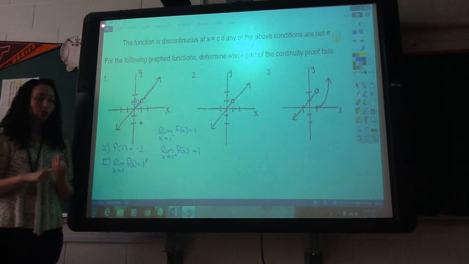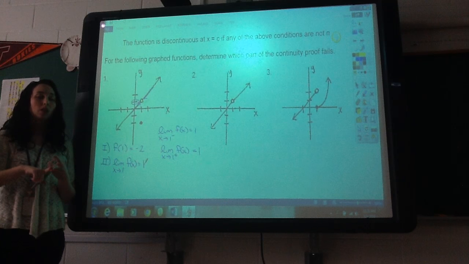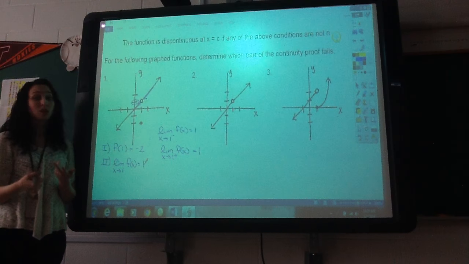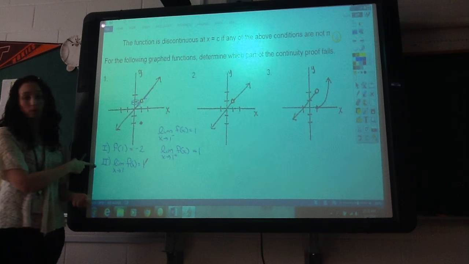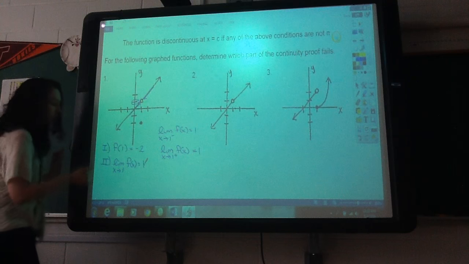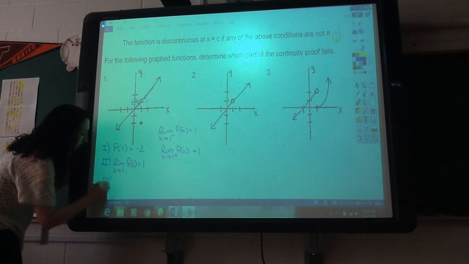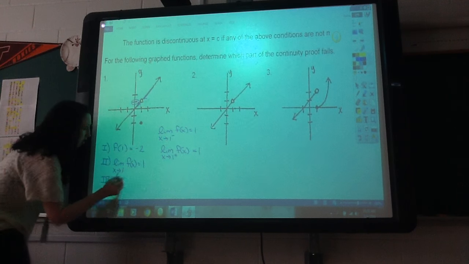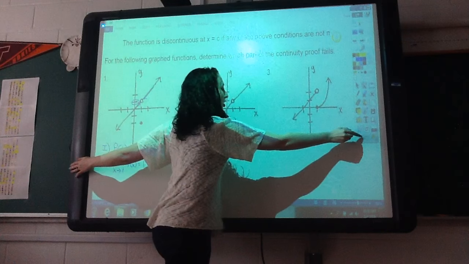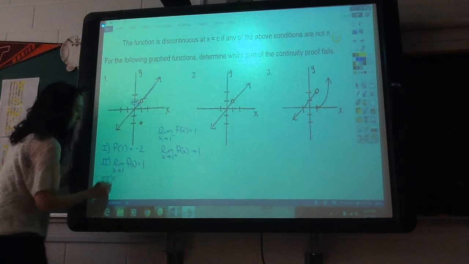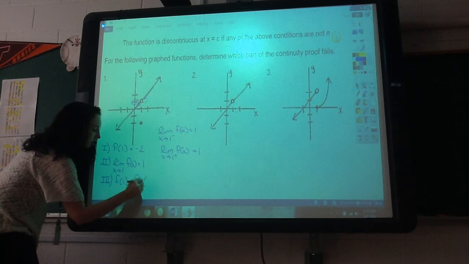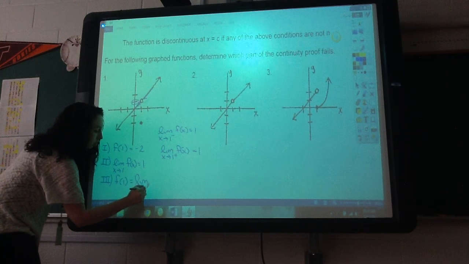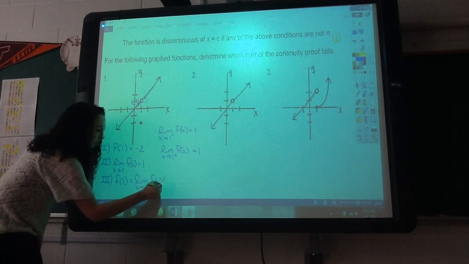So step 1 worked, step 2 worked. Now what you guys all should be catching on is that step 3 is not going to work. Step 3, we're comparing part 1 and part 2. So what you're basically trying to prove is that the function value at 1 needs to equal the limit as x approaches 1 of the function.